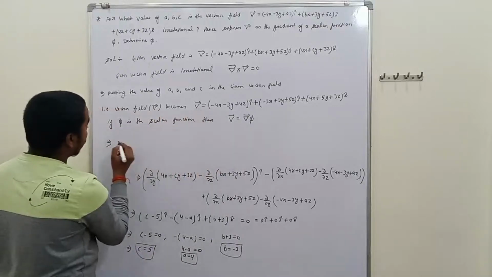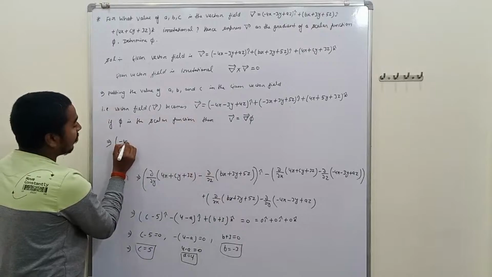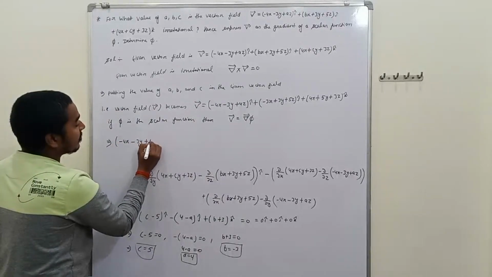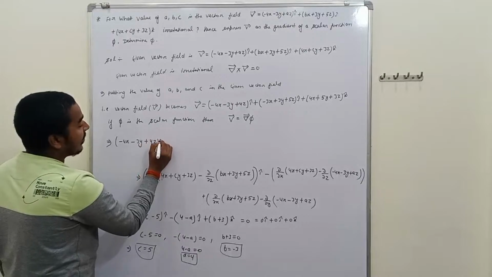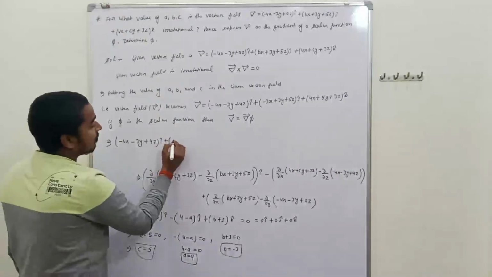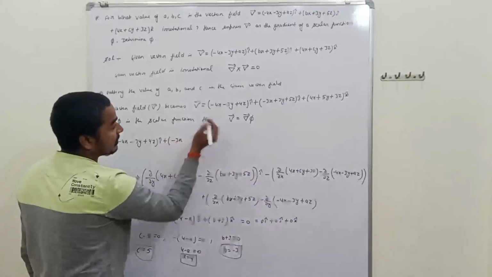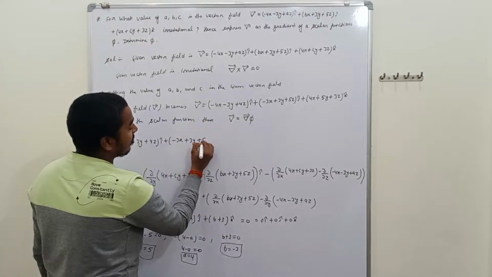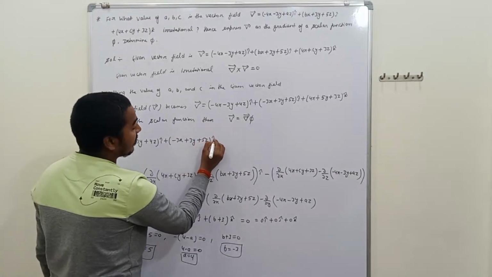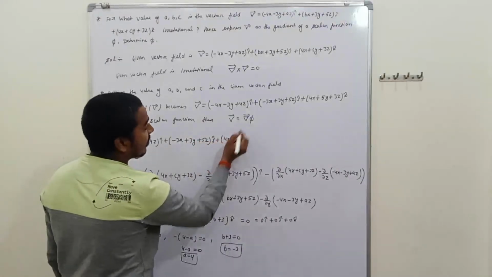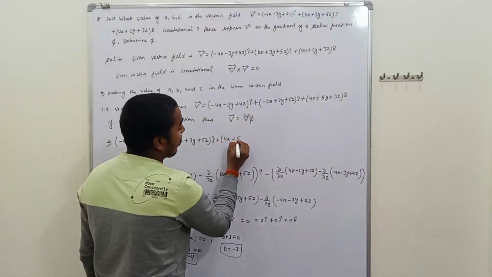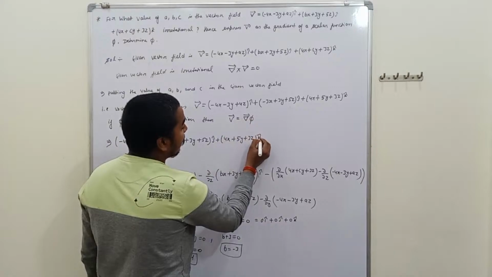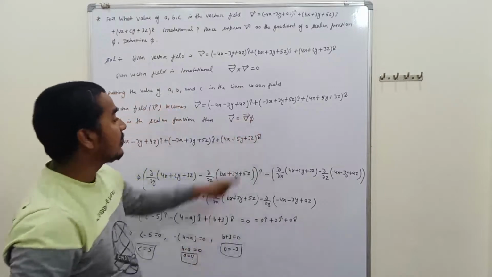the new vector field is minus 4x minus 3y plus 4z i cap plus minus 3x plus 3y plus 5z, this is j cap, plus 4x plus 5y plus 3z k cap, and further the del, here is the del operator.